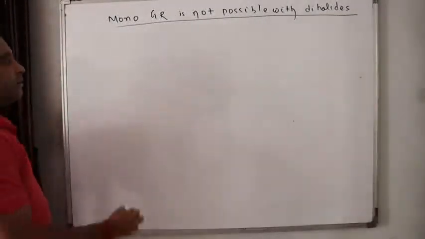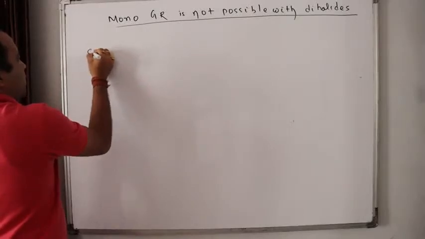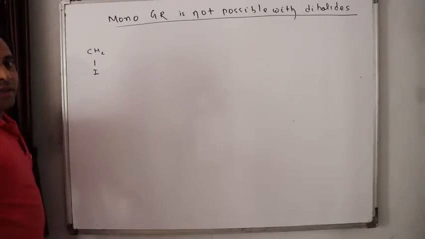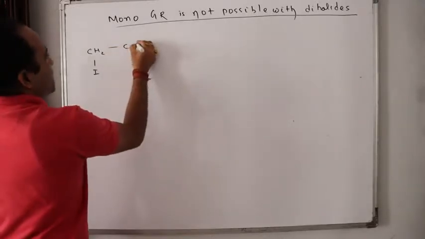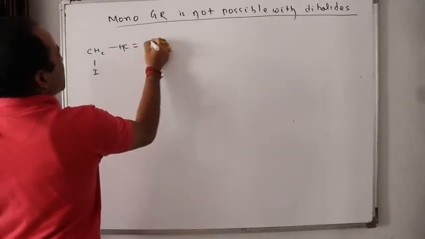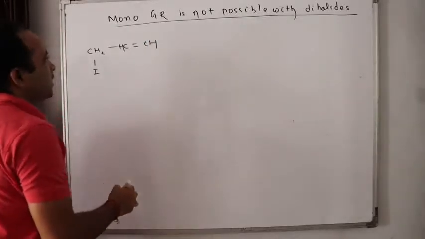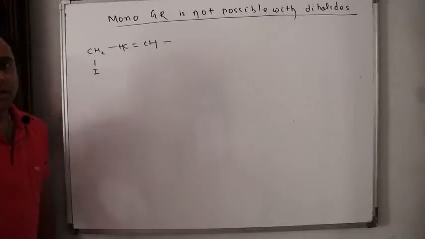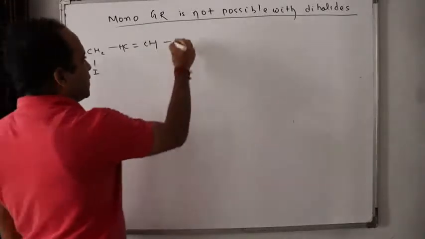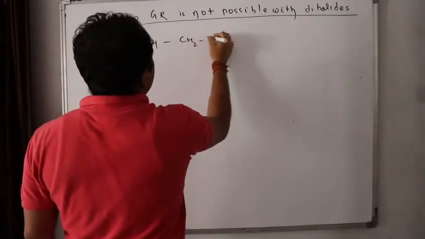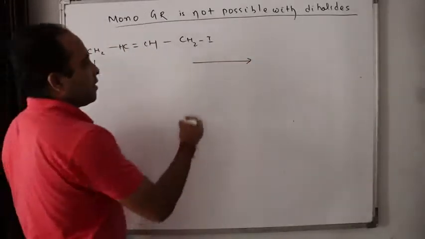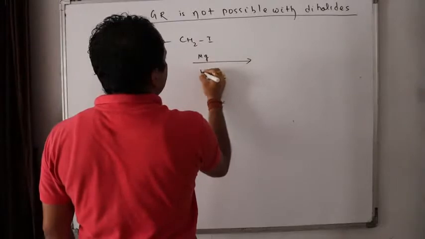What is that? Look here: CH2I, CH double bond CH, CH2. If I react this with magnesium, 1 equivalent, in dry ether.